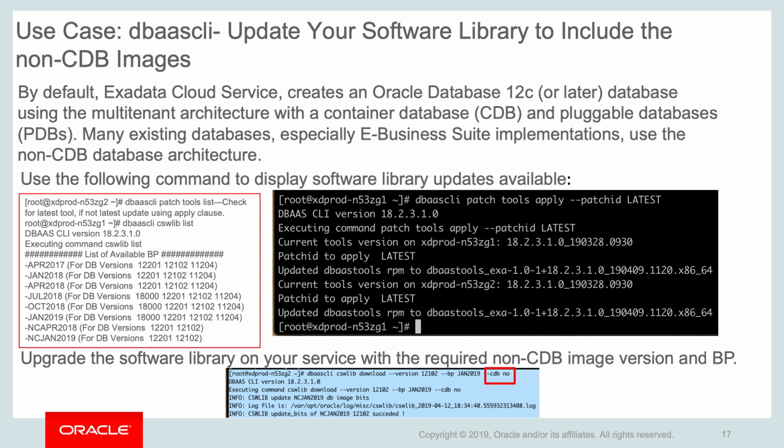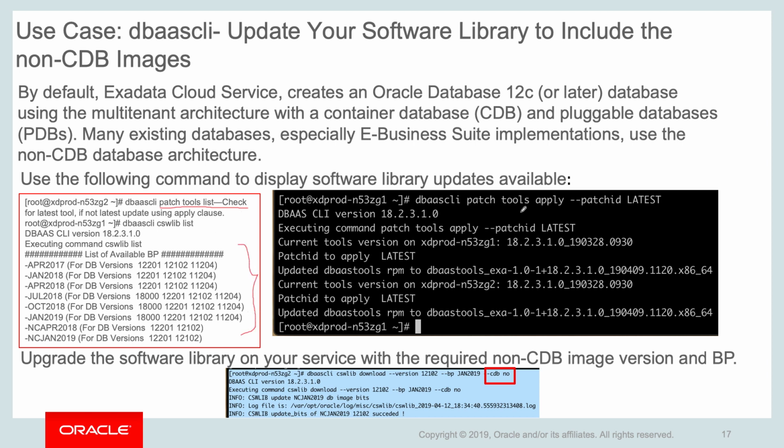As a use case, as I said, Debus CLI updates your software library to include the NonCDB image, right? We already saw this. We issued a Debus CLI patch tools list, and with patch tool list you are able to view the available patches, which are all of this.